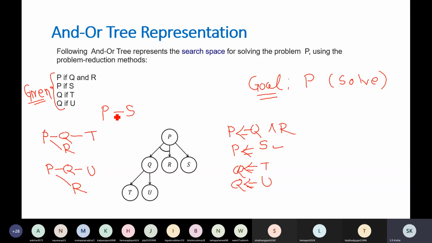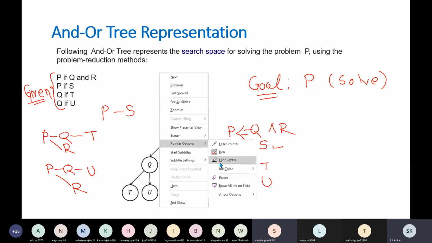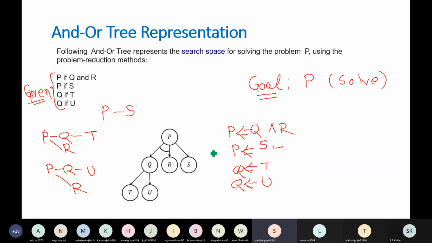Now what can you observe from this? Has anybody noted anything from this solution, the way the solution looks? This is one solution. Second, third way to reach the solution. What can you observe from this?